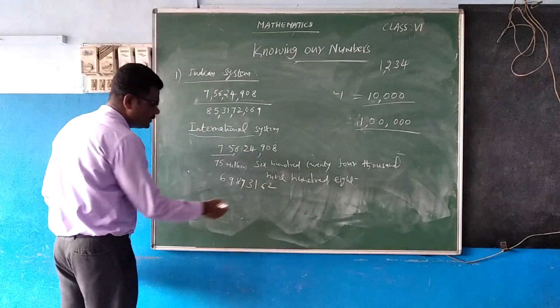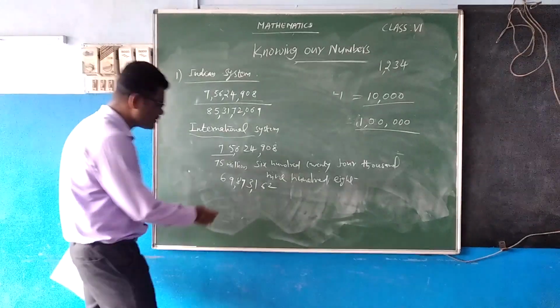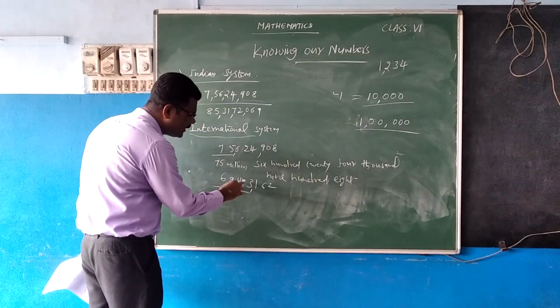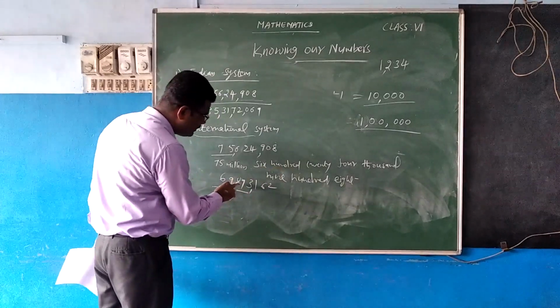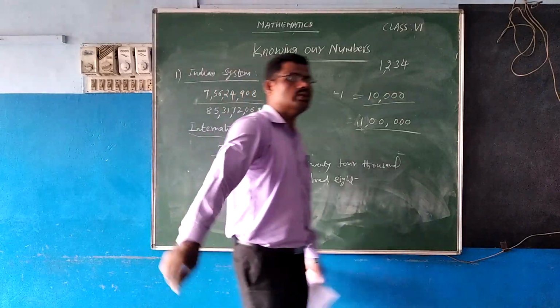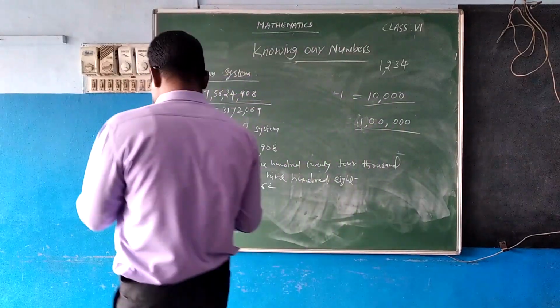How to read? This is called the international system of numeration: 69,893,162.